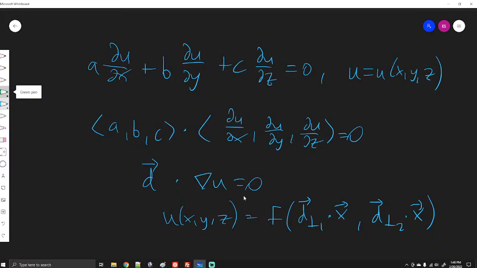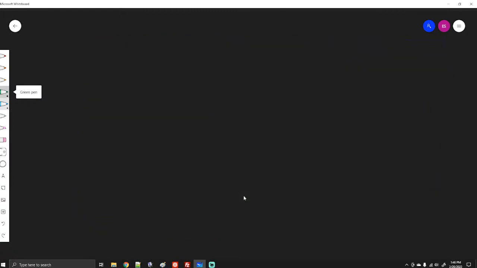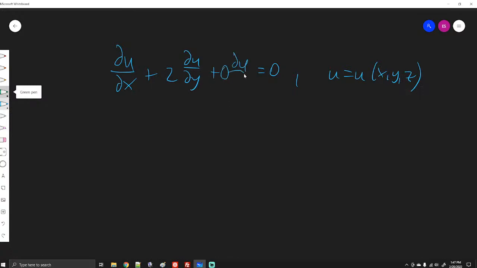So let's illustrate this with an example, shall we? Alright, so I'm actually going to deal with the same equation plus 2 partial of u partial of y equals 0, but now u is a three-dimensional function. So because it's three-dimensional, I'm going to add plus 0 partial of u partial of z.